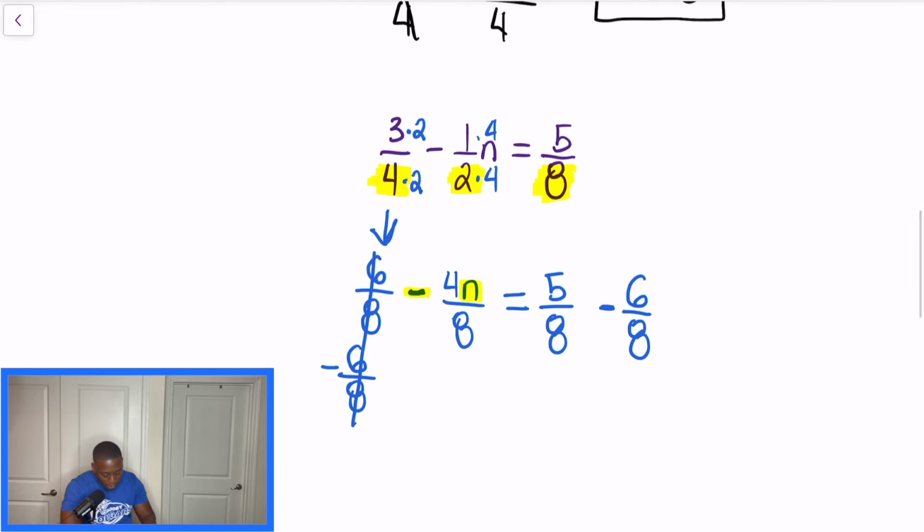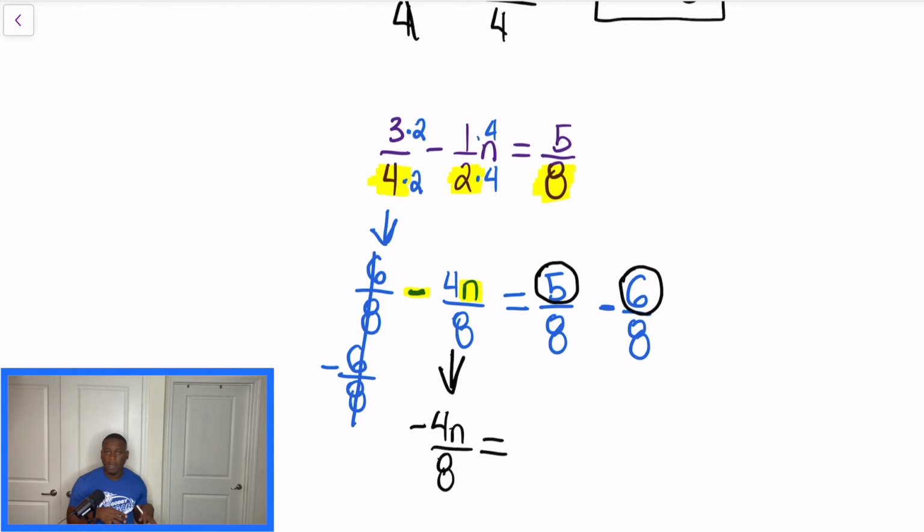So we're going to bring down the fraction on the left side. So we have negative 4n over 8 is equal to, and when we're subtracting or adding fractions, what we do is only combine the numerators. The denominator is going to stay the same. So we could just write the denominator, and 5 minus 6 is going to give us a negative 1.